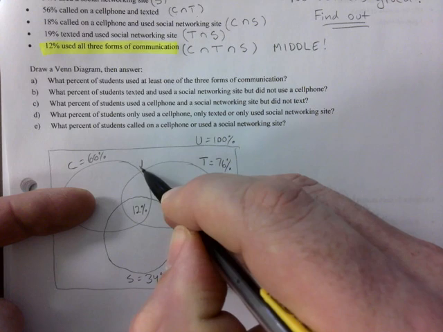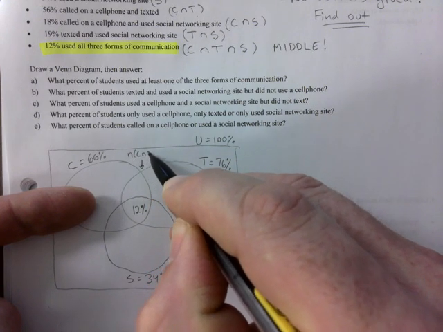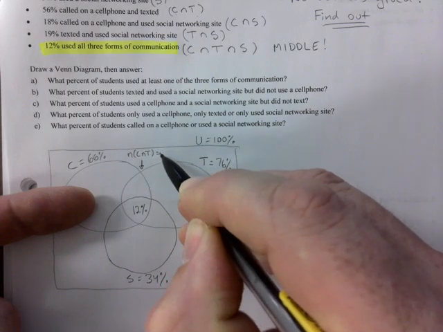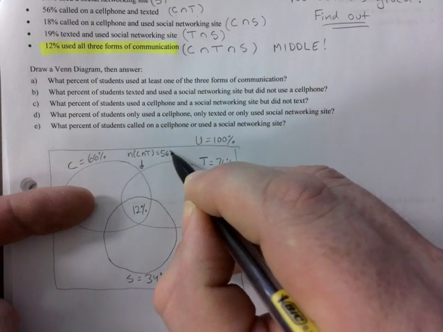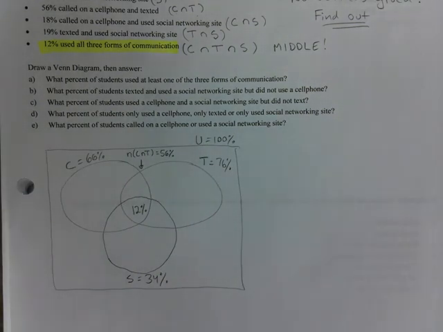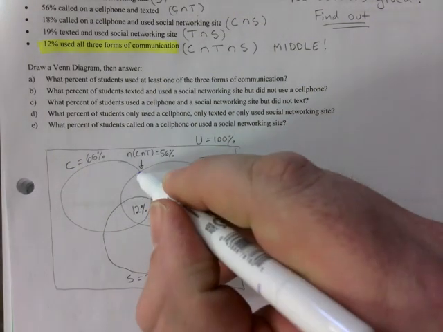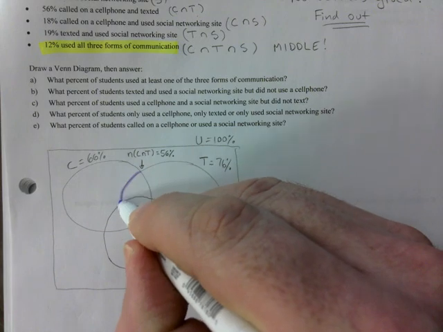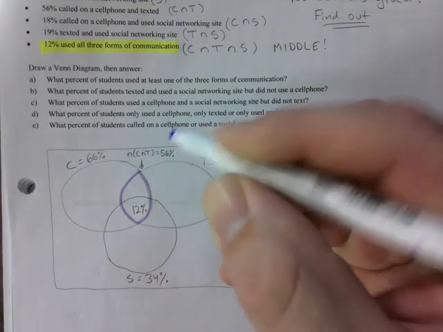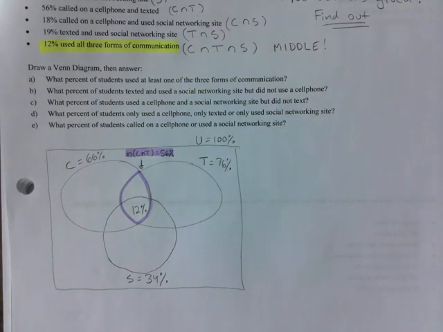So that part right there, n of C and T, is 56%. It's not inside, it's just referring to that one section right there. Should I use a highlighter? Maybe. So that's what 56% is referring to, that whole intersection.